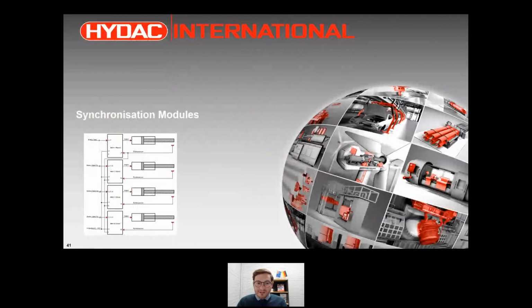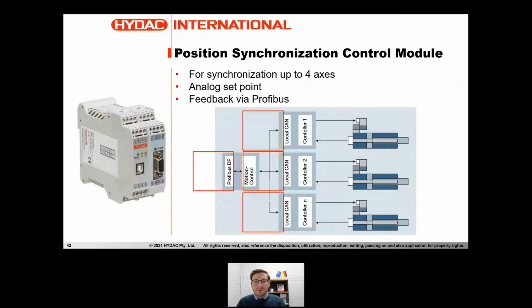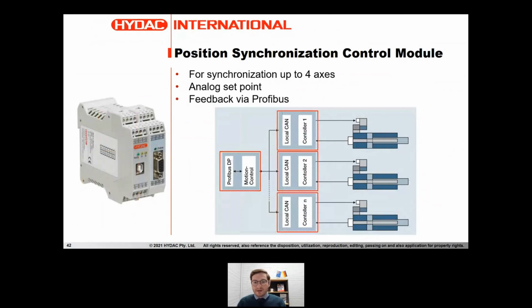Another really cool one, for example, if you need to lift up a working platform and you have 2 cylinders, is we have synchronization modules. So we have one main module, and you can synchronize up to 4 different cylinders directly. And you can have control and feedback via Profibus. So you have the Profibus coupler.